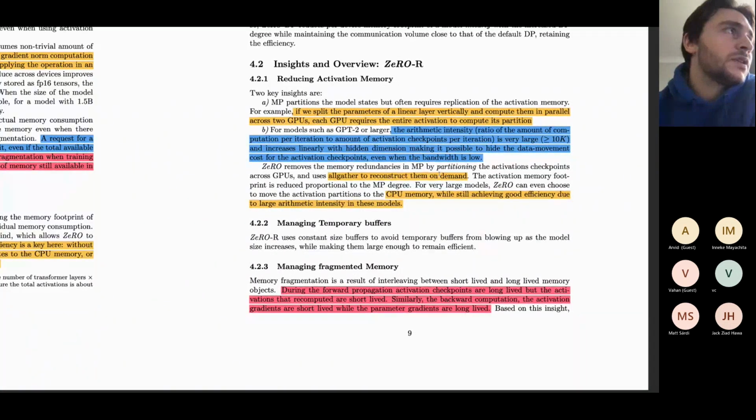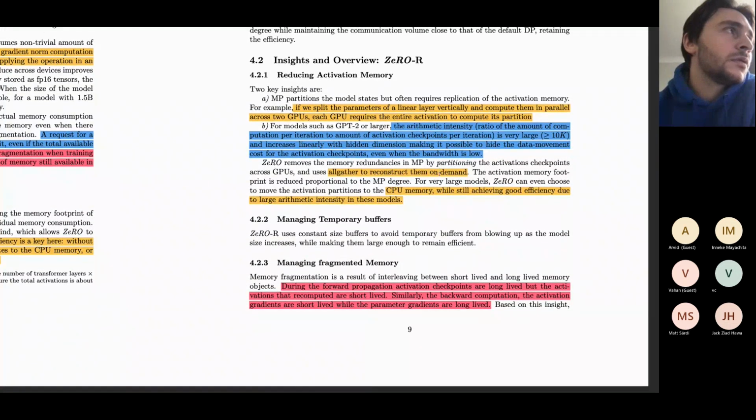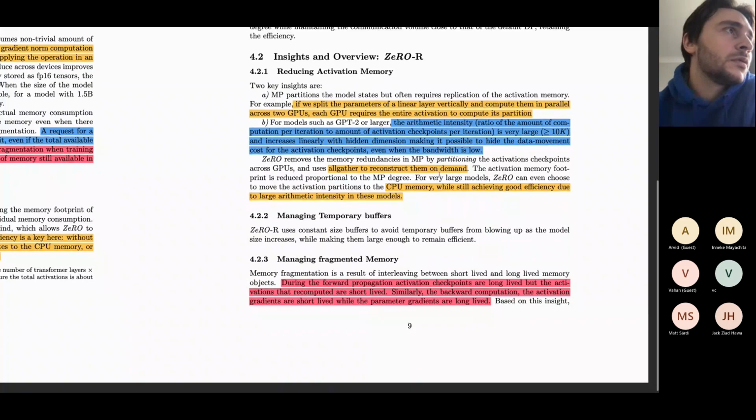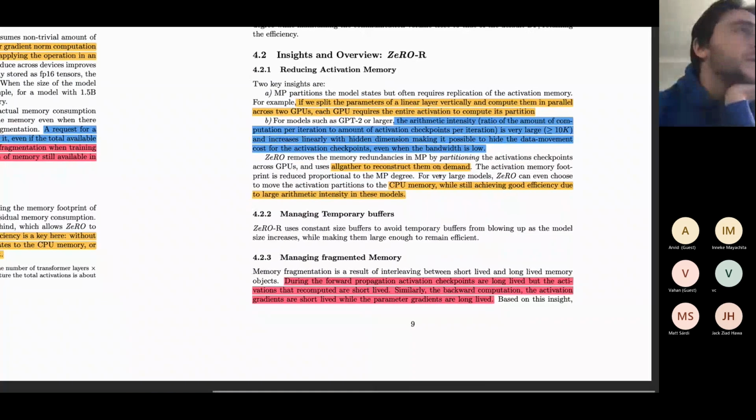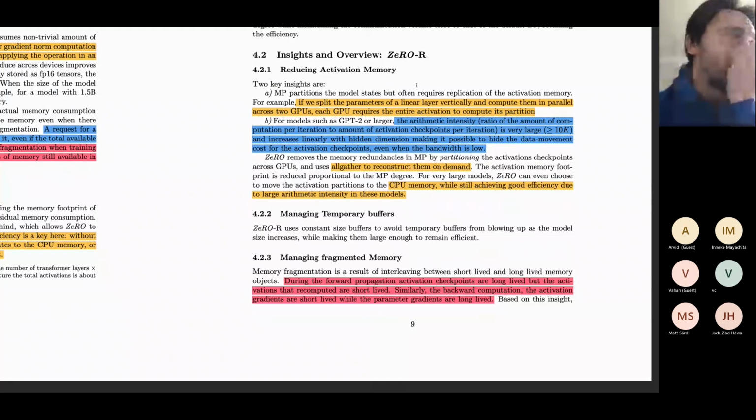Then for ZeRO-R, let's see. I guess I'll read the second overview. ZeRO-R is for optimizing the memory usage of the residual state.